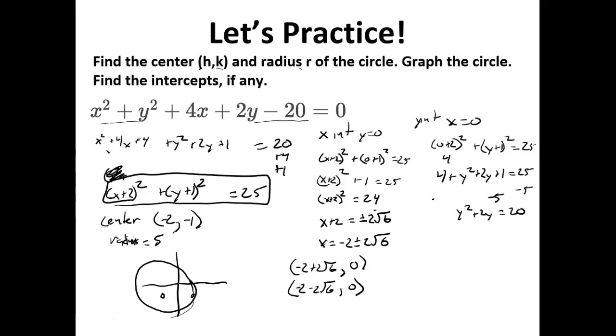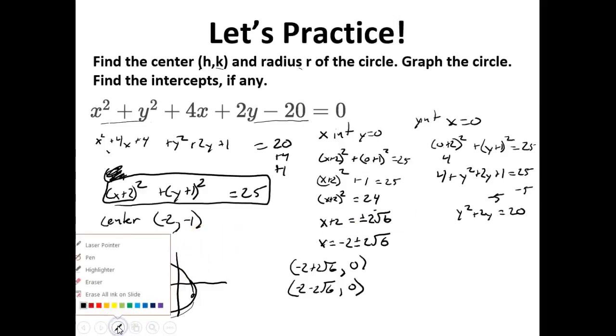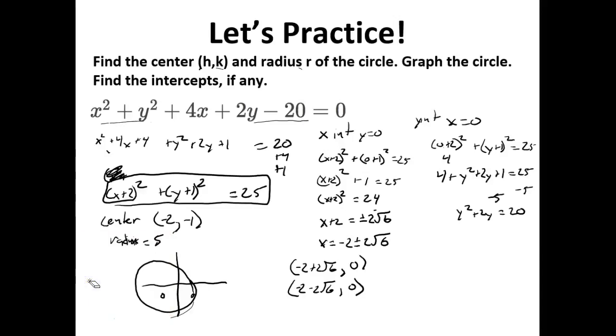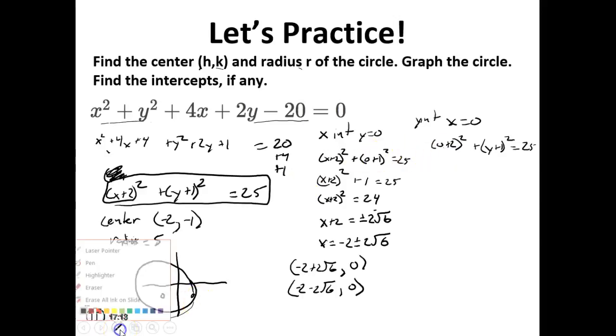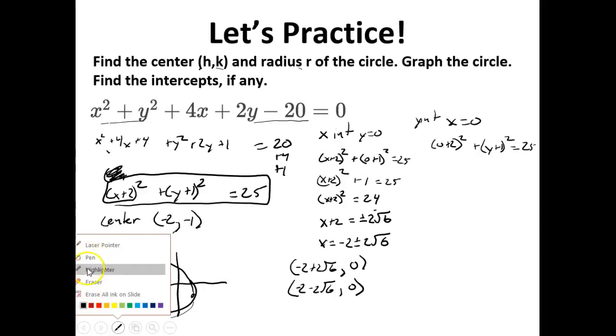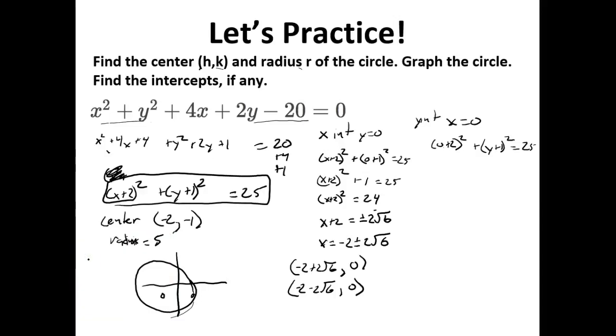Let's see. I think I want to back up and do this quadratic just a little bit differently, because I already basically had completed the square here. So here we have 4 plus y plus 1 squared is equal to 25.